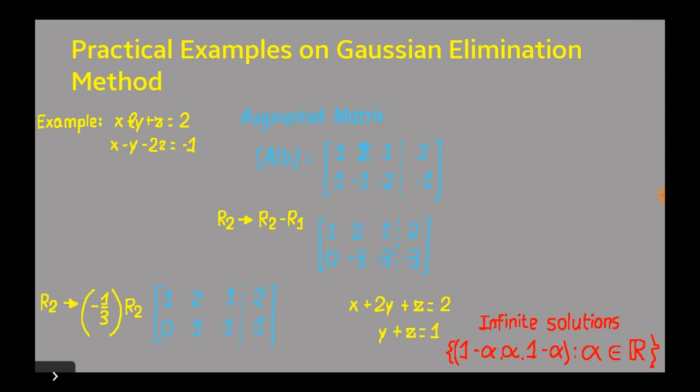The infinite solutions are (1 minus alpha, alpha, 1 minus alpha), where alpha is a real number from the set of all real numbers.